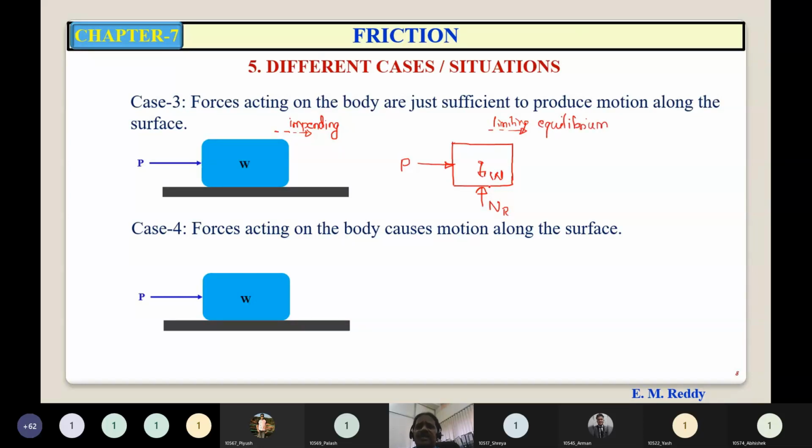So when the body is in limiting equilibrium, the friction force becomes maximum, which is the limiting friction. Am I right? So in the y direction, the normal reaction is equal to the weight of the body because it is in equilibrium. In the horizontal direction, also it is in equilibrium, but limiting equilibrium. Here, the magnitude of friction force is equal to limiting friction, which is equal to the coefficient of static friction into normal reaction.